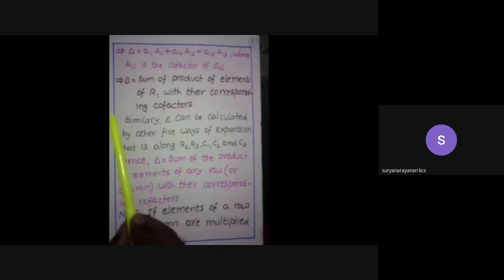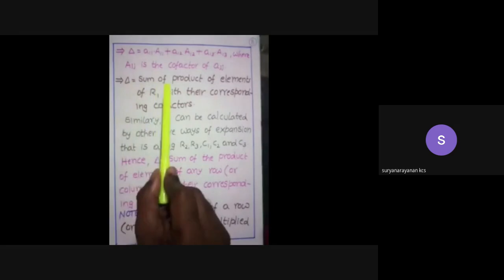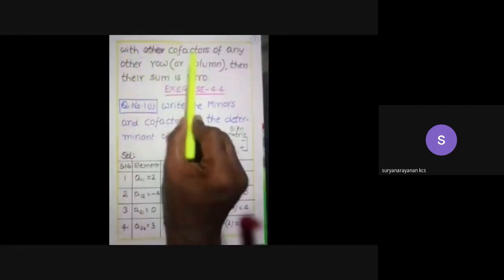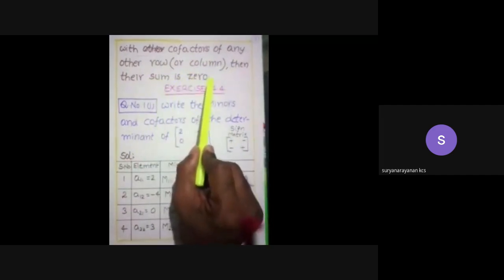In words, we can define delta like this. Now come to this point. Note, remember this point. If elements of a row or column are multiplied with cofactors of any other row or column, then their sum is 0. This is a property. Remember this point also.